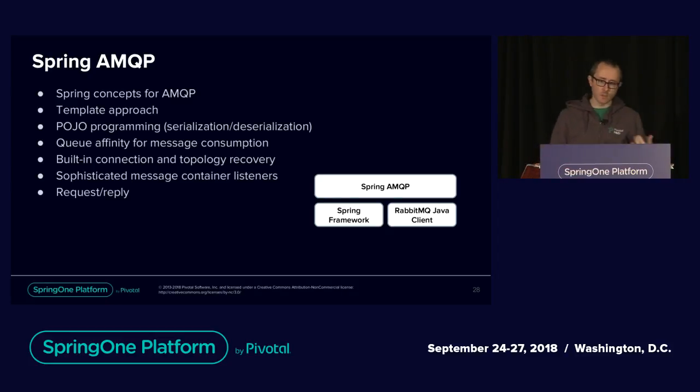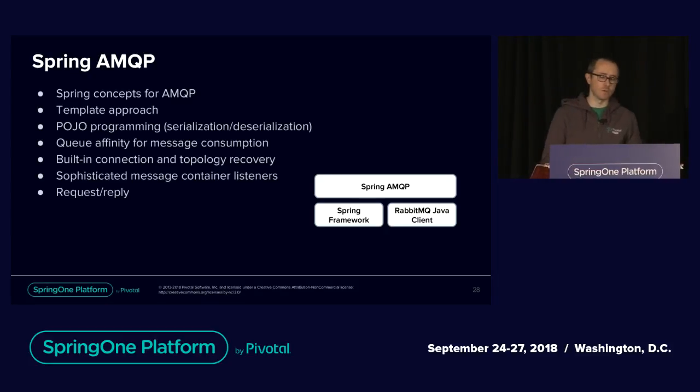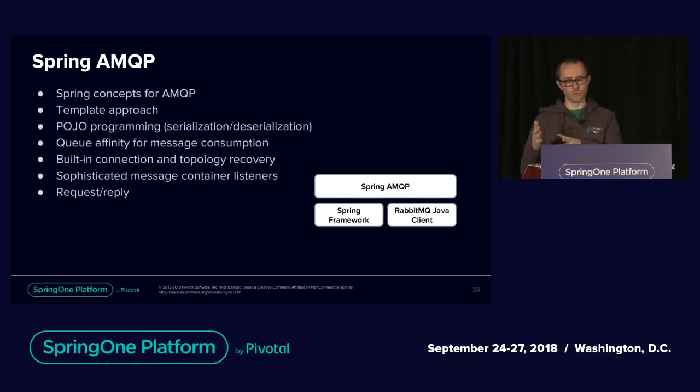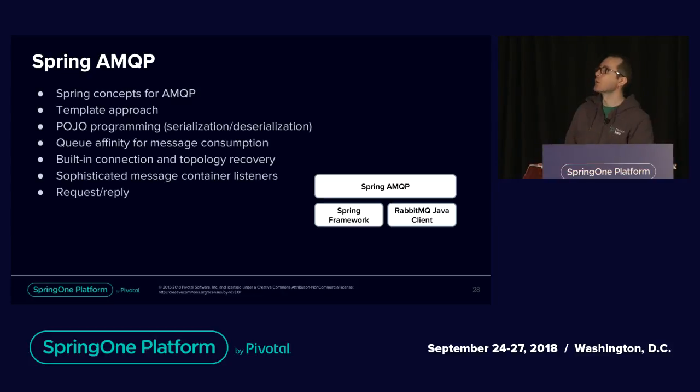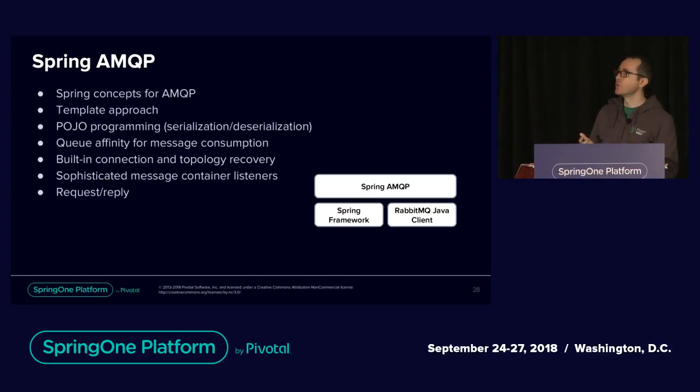POJO programming: you don't care about the serialization, whether you are using JSON or XML on the wire. It's all handled by configuration by Spring AMQP under the covers, so you can use plain POJOs from your business model inside your application.